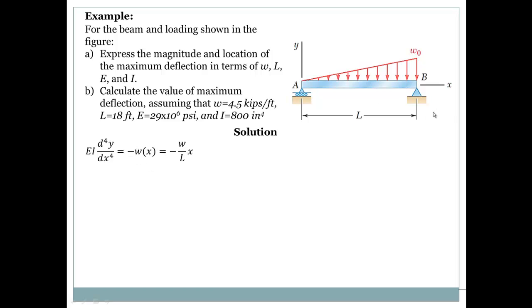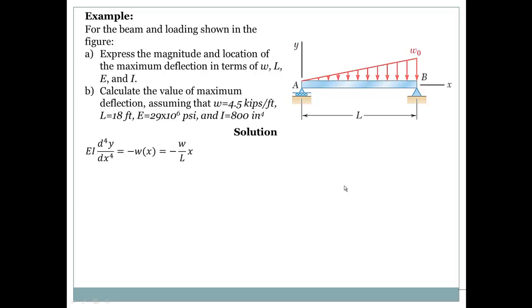If we look at the beam, we can see that it will have an equation of W over L times x. Let's check it out. If x is 0, of course w is 0. If x equals L, L will cancel with L and we'll have W, and the minus sign comes from the derivation we just did.